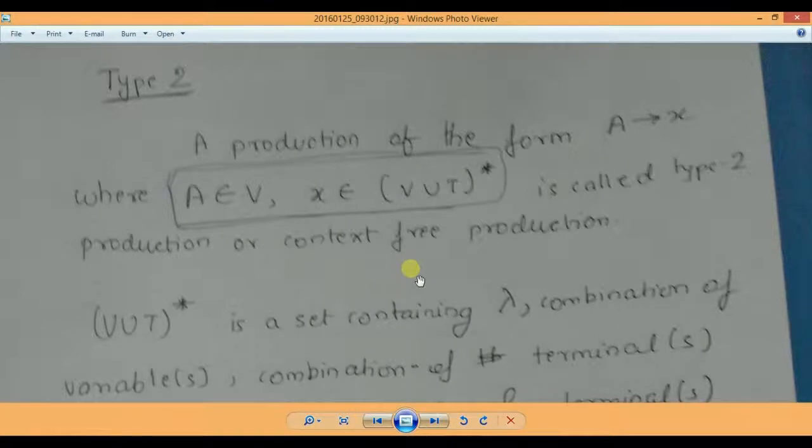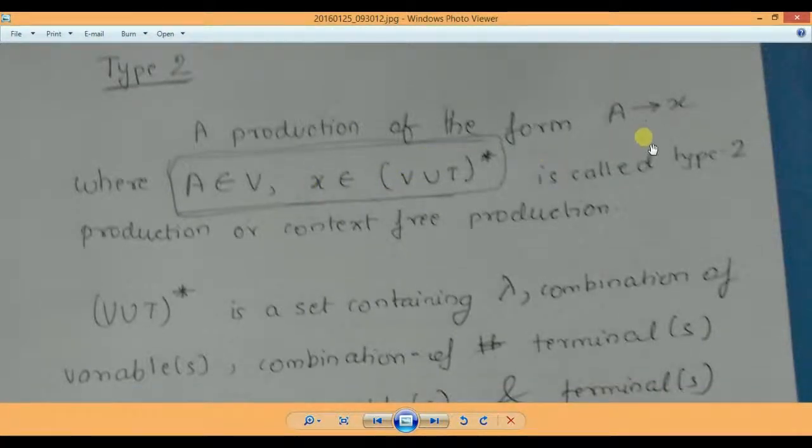Now let's move to type 2. The production of the form a tends to x, where a belongs to the set of variables and x belongs to the set of variables union terminals, star. I have discussed the meaning of star.